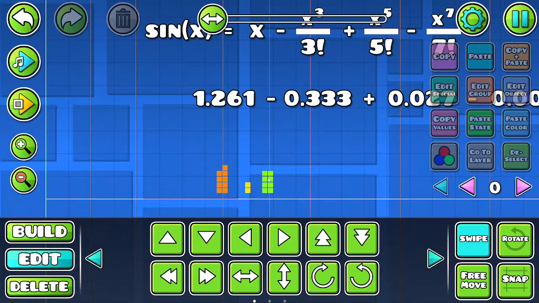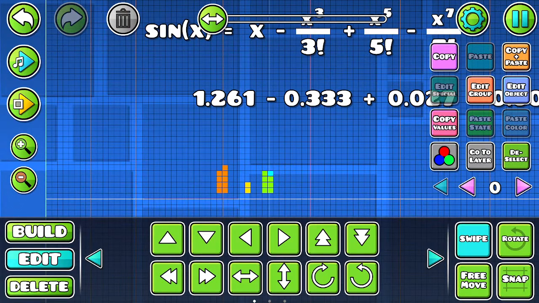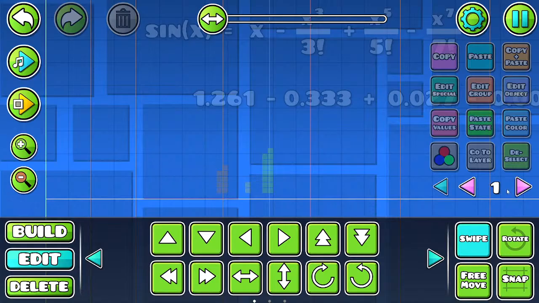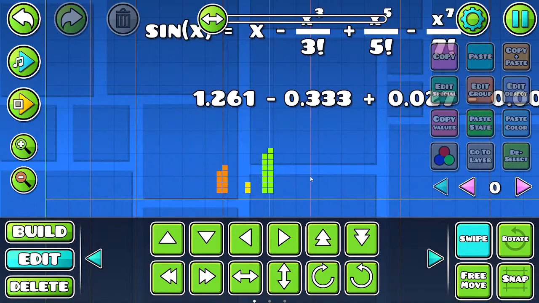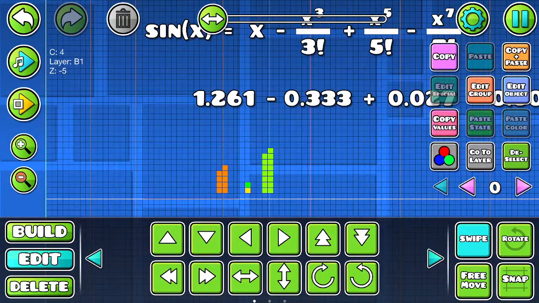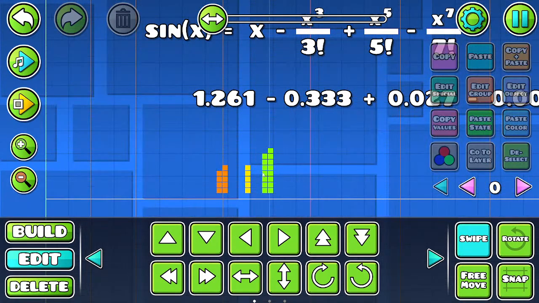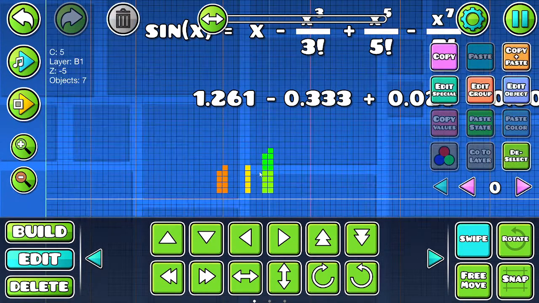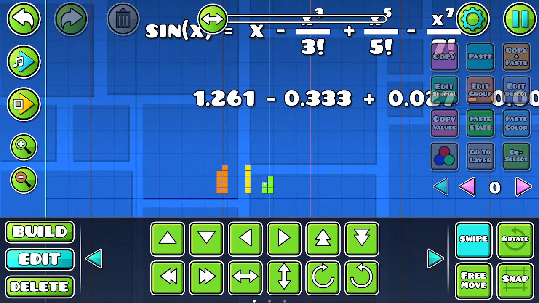There you go. Now I have to add 27. So 1, 2, 3, 4, 5, 6, 7. Wait, am I doing this right? Now I have to add 2, but 3 really, because I have to delete 10. 7, 8, 9, 10. And then subtract 1. Okay.